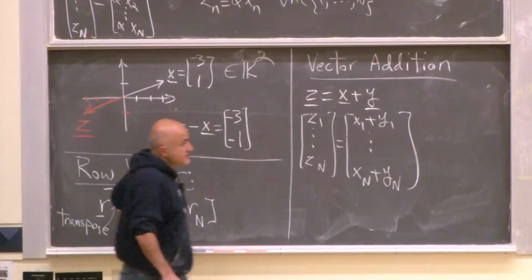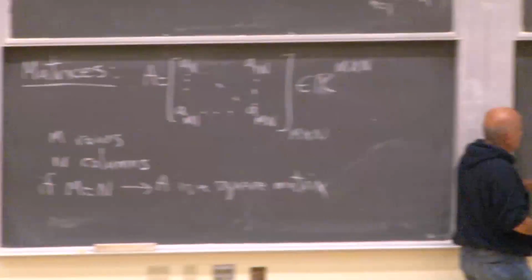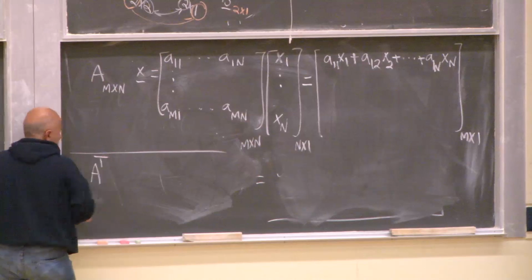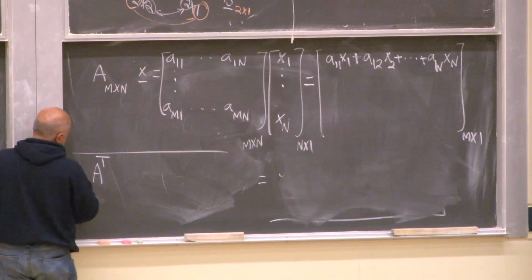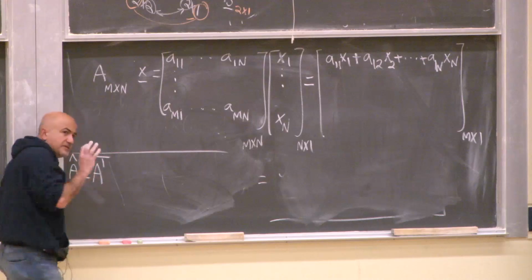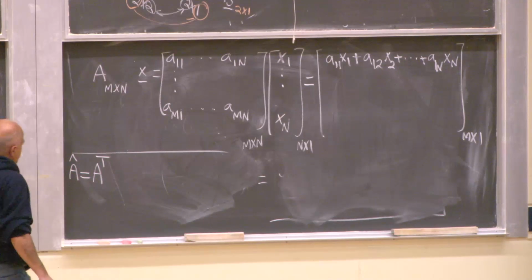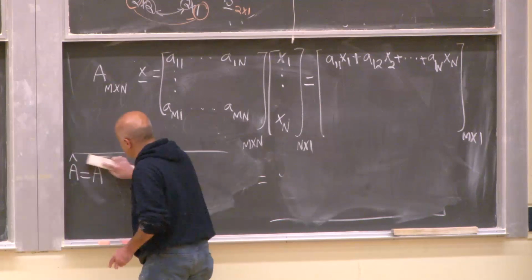Okay, so the same idea is true for matrices. So the transpose of a matrix, if I call this A hat, I have this hat trick that I use very often to keep things straight in my head. So if I define a new matrix A hat, I guess some of you there can't see this because of this wall.